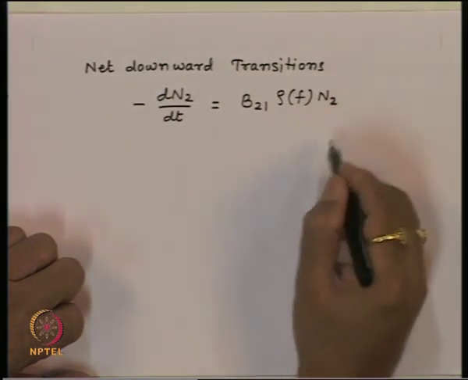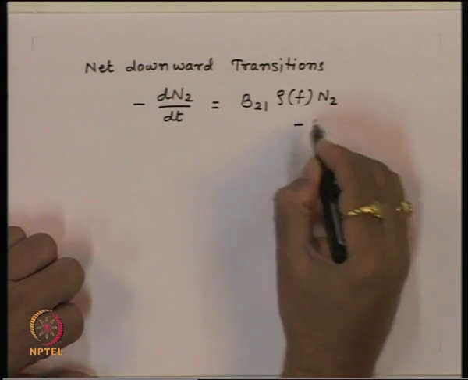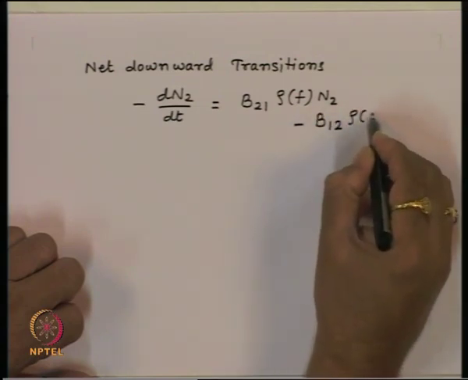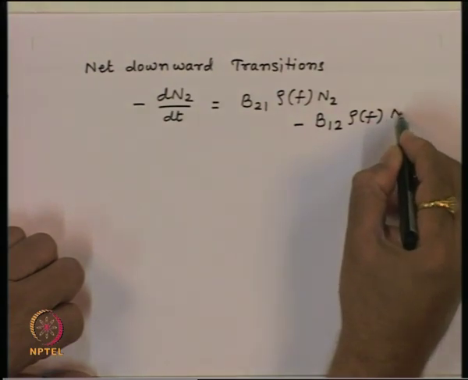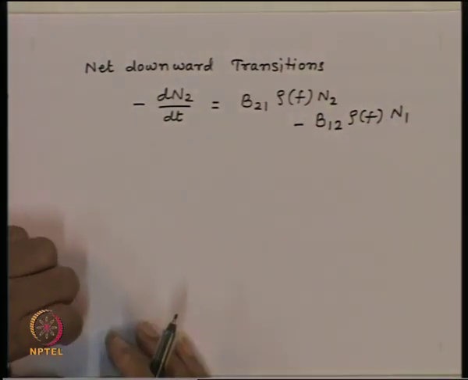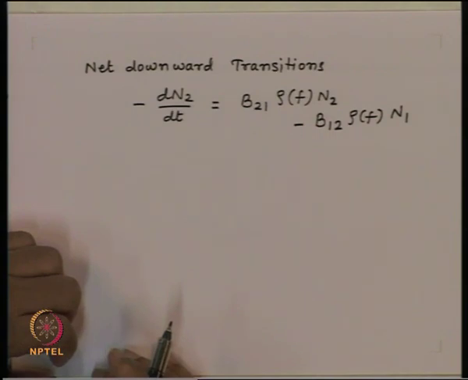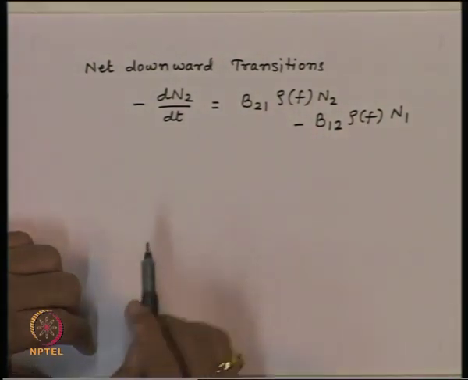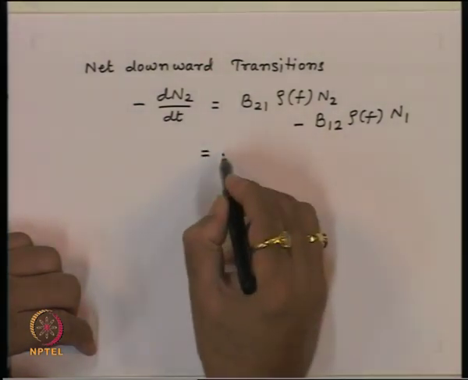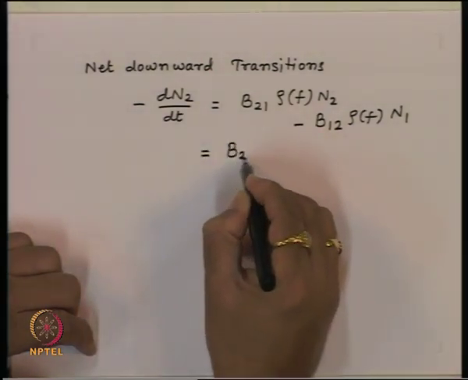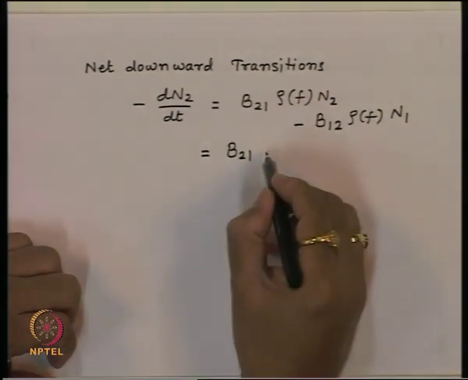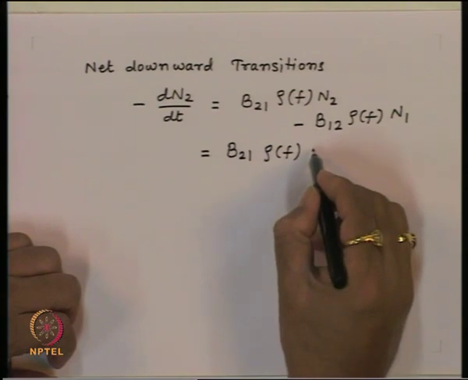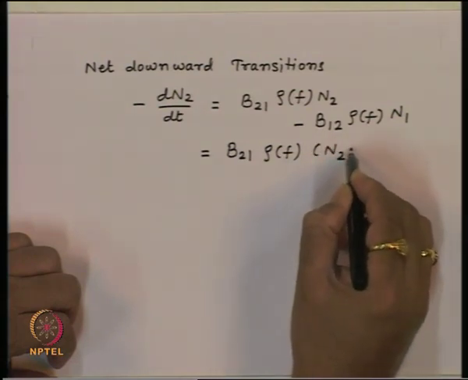These are downward transition minus the upward transition, which will be B12 rho of f into N1. And as we have shown, B21 and B12 are equal. So, this thing essentially can be written as B21 rho of f into N2 minus N1.